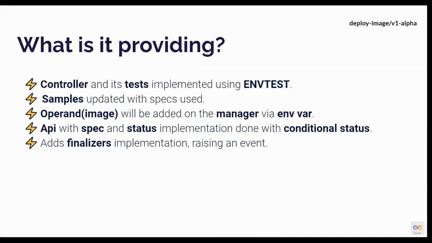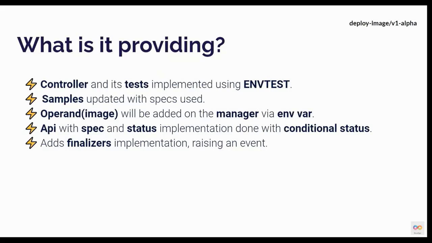For doing that, the deploy image plugin provides a controller implementation for deploying and managing the image on the cluster. Along with the controller, it provides tests for checking the reconciliation implemented using envtest. Sample YAMLs are also added to the project for creating new custom resources, and these sample YAMLs are updated with the specs used.